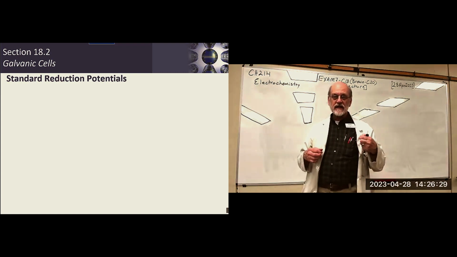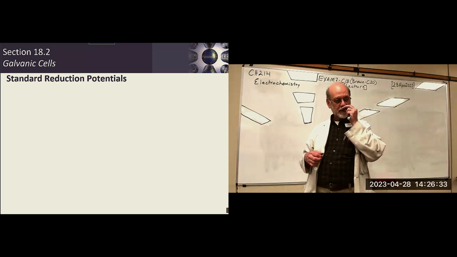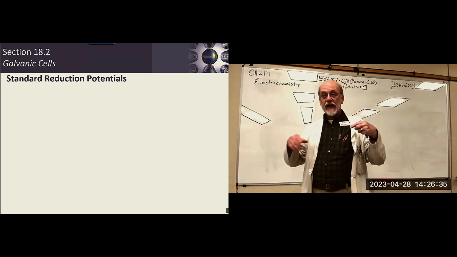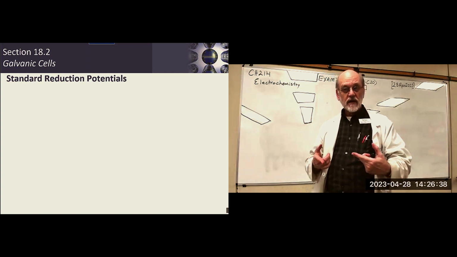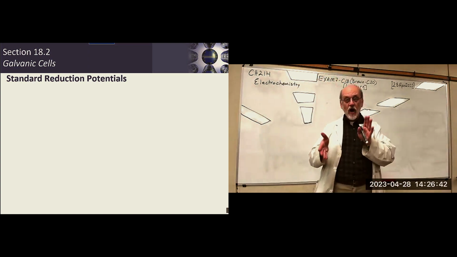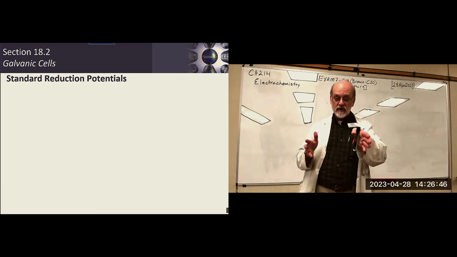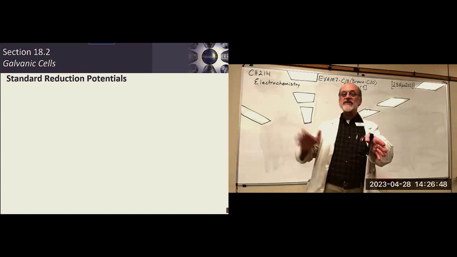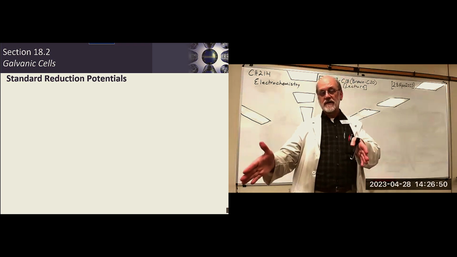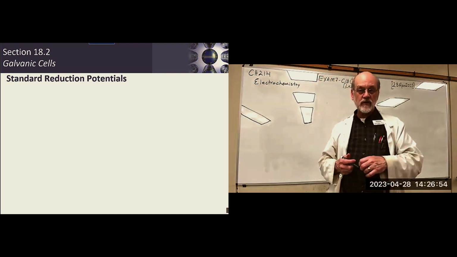You cannot take a species like a metal or anything else and reduce it on its own. You've got to have something to compare it to, because remember, oxidation and reduction always occur together. So if you're assigning reduction values to this half reaction, it has to be paired with something else. And that something else is the standard hydrogen electrode.